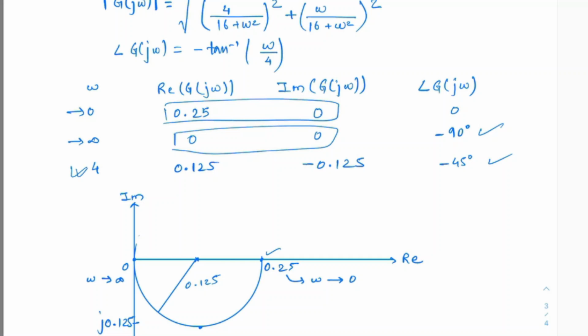So when you look at the corner frequency of 4, you can see 0.125 and negative j 0.125. So this point would be on the curve. So as frequency goes from 0 to infinity, this would be the direction of travel.